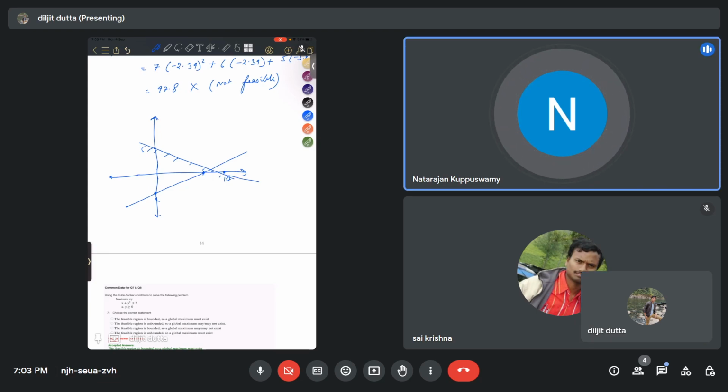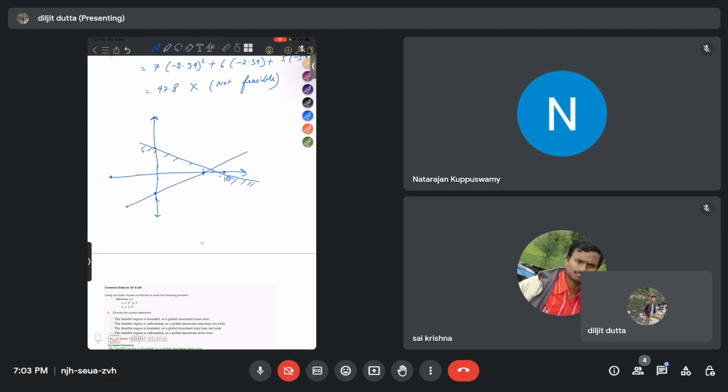Sir, how are you drawing this? Can you explain once again? This is from the conditions. The first constraint is given as x plus 2y less than or equal to 10, so we draw the line where x plus 2y equals 10. What will be the intercepts? x by 10 plus y by 5 is equal to 1, right?